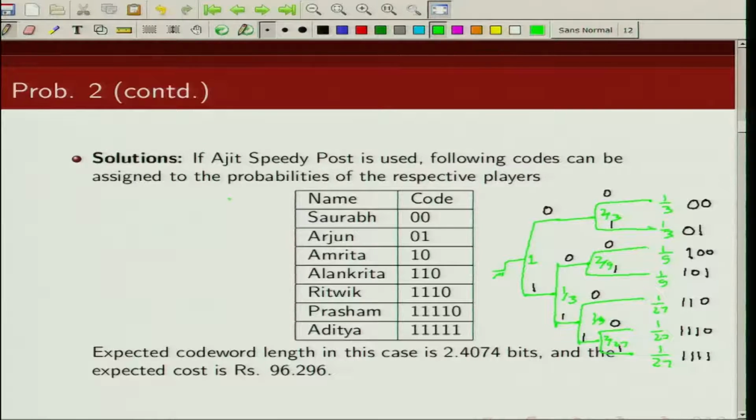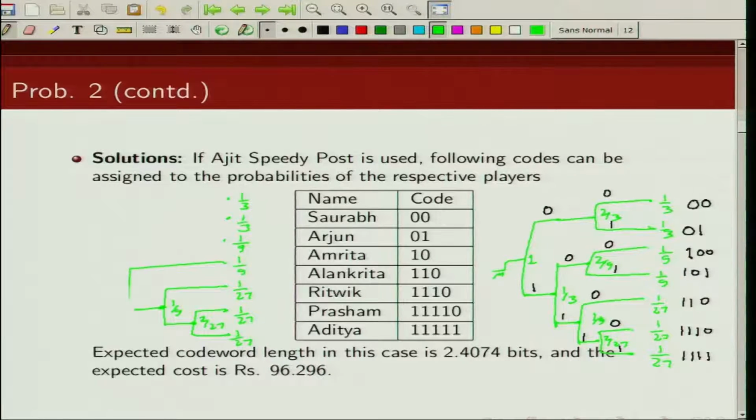Let's try doing the same thing in another way. We have these two nodes with probability 1/3, one leaf with probability 1 by 9, and then we have 3 nodes with probability 1 by 27. I start off with these two nodes and make a new node which has probability 2 by 27. Then I combine these two, and I get a new node which has probability 1 by 9.